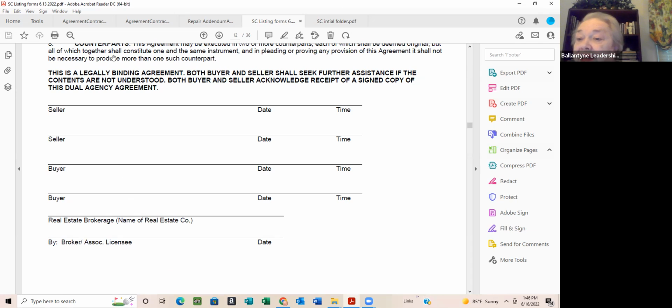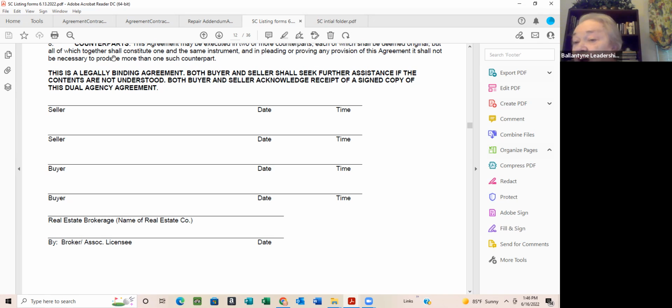Keep in mind that dual agency with the firm has to be agreed to prior to the concept of designated agency. You do not need to get this form signed if you're going to get the designated agency signed.